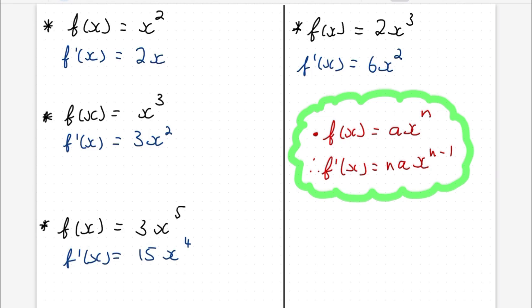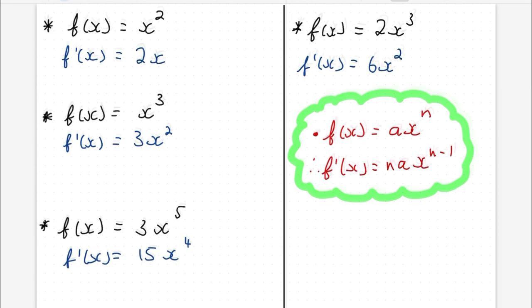It's actually just saying what we've been doing all along, that if you're given f of x, you take that exponent and you multiply it by the coefficient. Hence, you see here that f prime of x starts with n times a. Then you subtract 1 from that exponent, and hence you're seeing that n minus 1 there. So this is just the more formal way of recognizing the method to deriving normally.